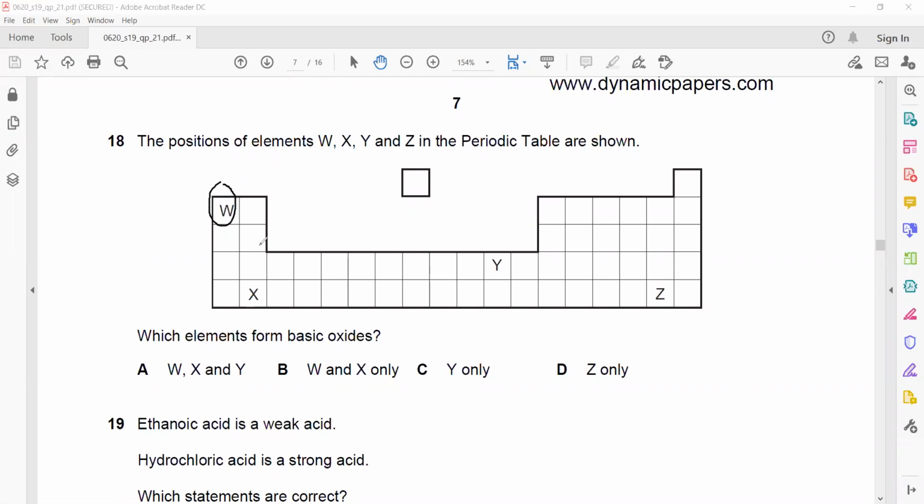Look, this is a metal, this one is also a metal, and Y is also a metal, a transition metal. So what type of oxide do metals form? Metals form basic oxides. That's why it should be W, X, and Y, all three of them. Z will form a non-metal oxide or acidic oxide.